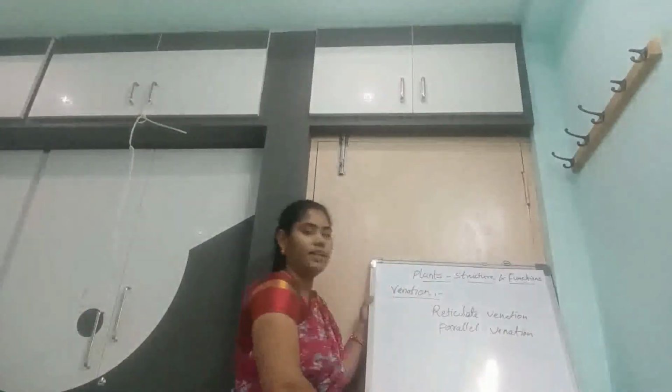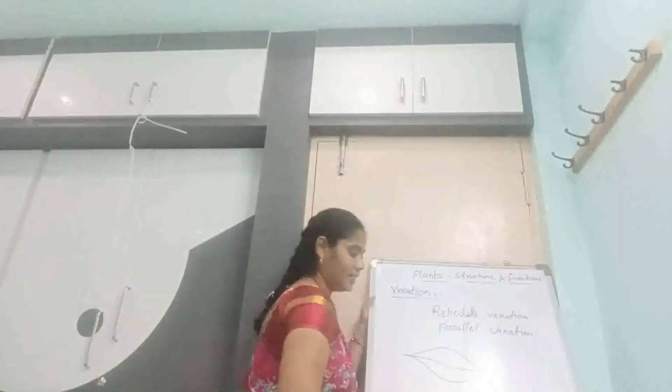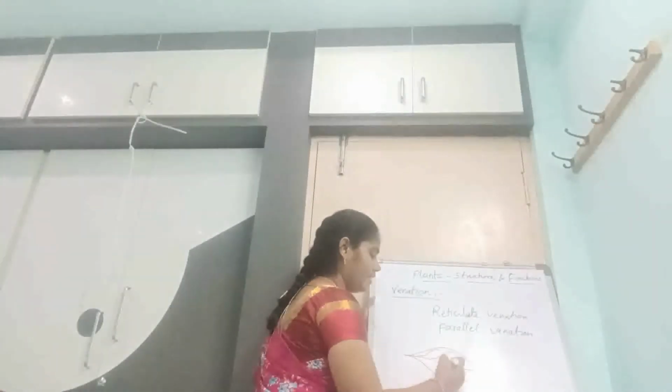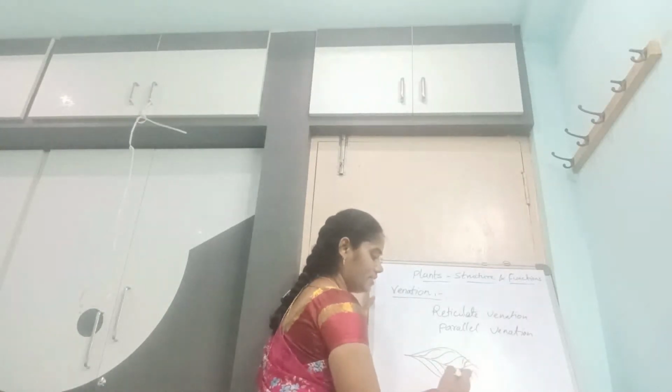Reticulate venation is where the leaf lamina has a midrib at the center, with lateral veins coming from the midrib, which again divide into many veinlets.